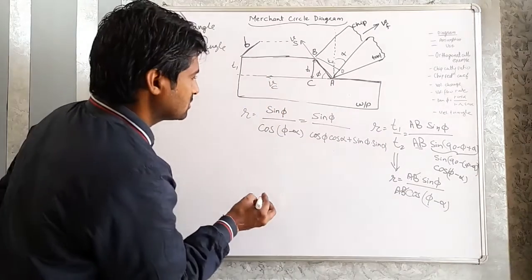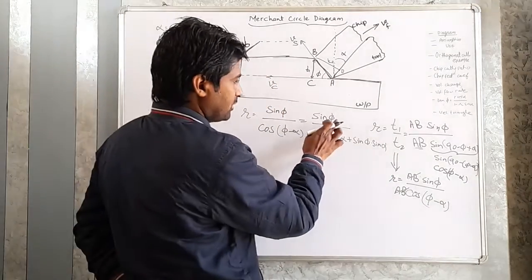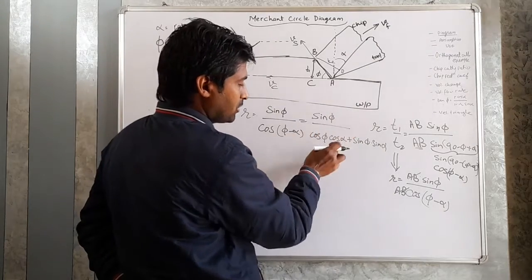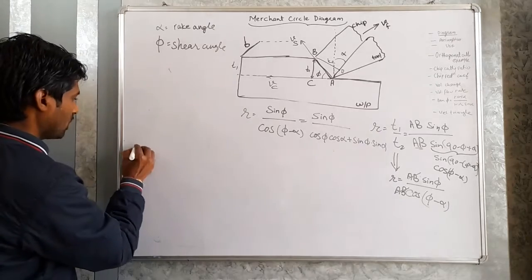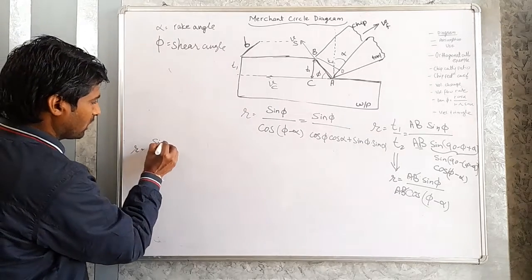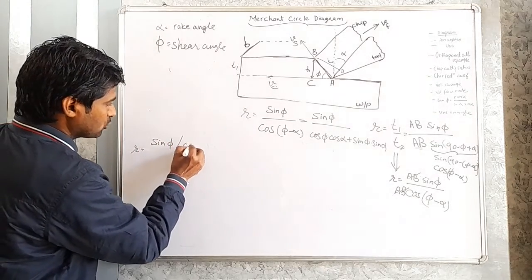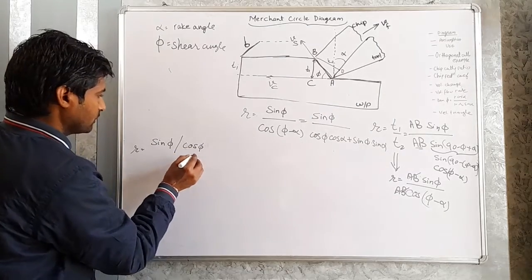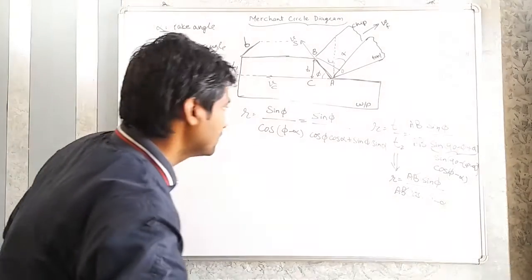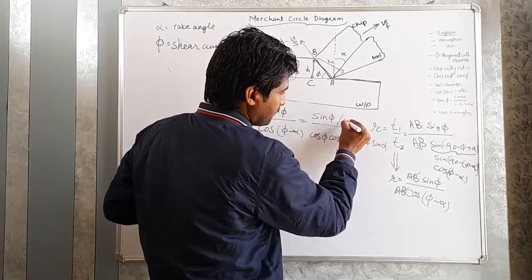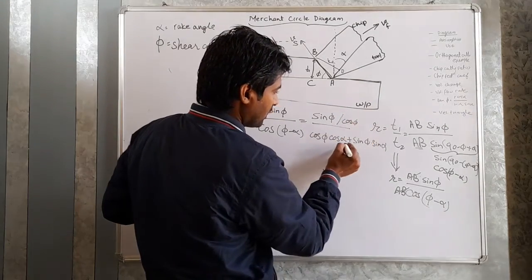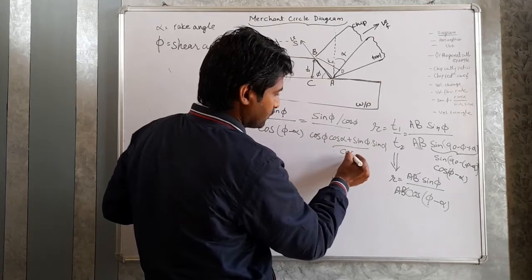Now divide numerator and denominator by cos phi. So r is equal to sin phi divided by cos phi, divided by cos phi and divided by cos phi.